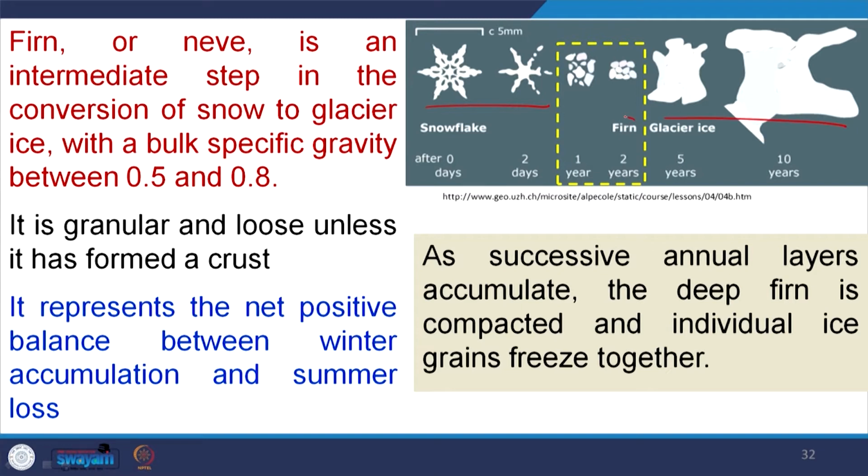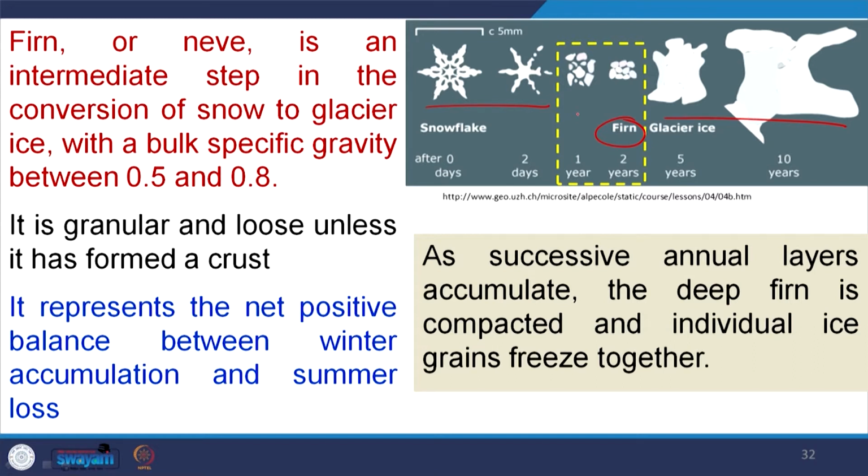In between this firn is the transition. So, it is granular and loose unless it forms a crust. It will remain granular and loose like loose sand, unless it is forming a crust. It represents the net positive balance between winter accumulation and summer loss.